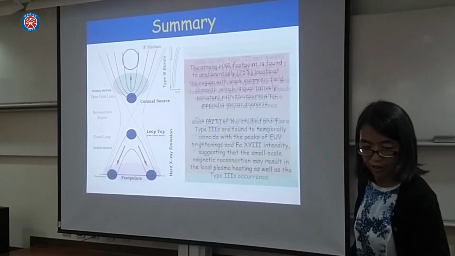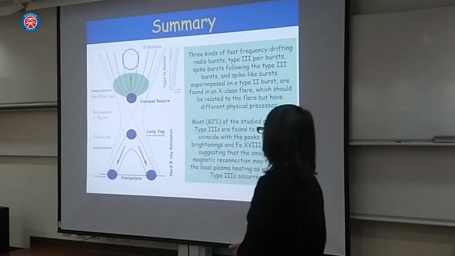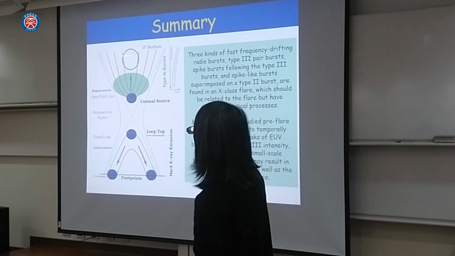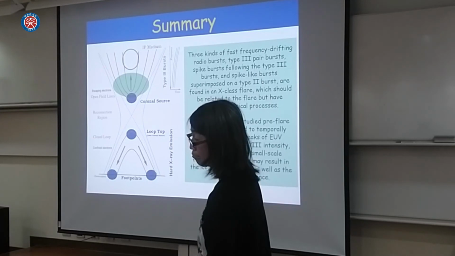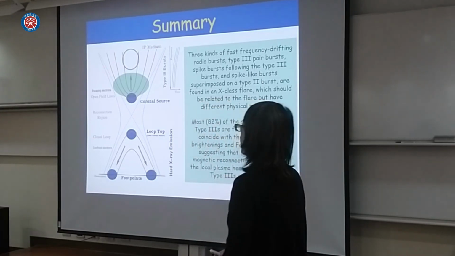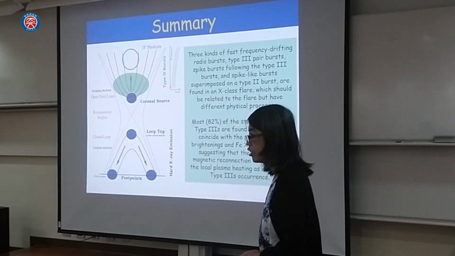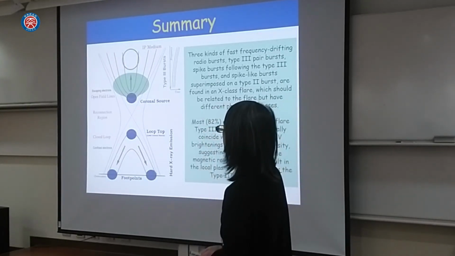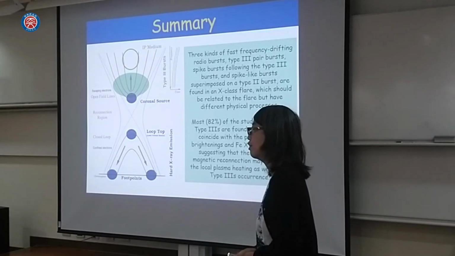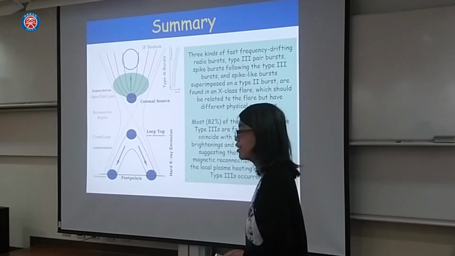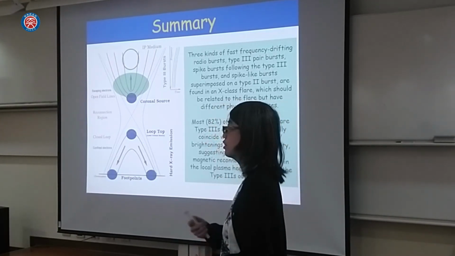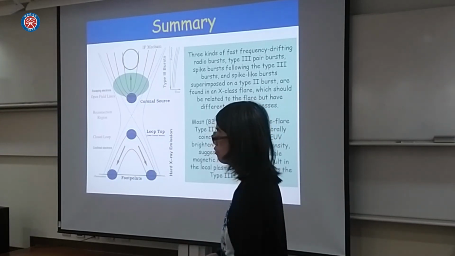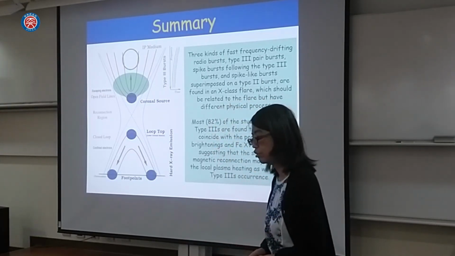And then finally, we move to the upward electron beam to analyze the radio burst, especially the type III radio burst. We found that there are lots of fine structures, and we give some explanation for each kind of fine structure.